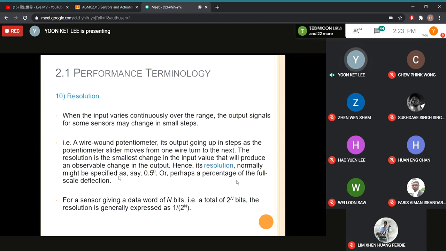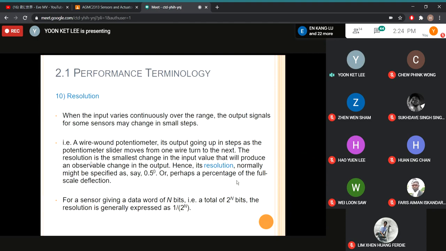And we also have another one. The last one will be the resolution. The resolution is that the input varies continuously over the range, and the output signal for some sensors may change in small steps. For example, a wire-wound potentiometer's output goes up in steps as the potentiometer slider moves from one wire turn to the next.